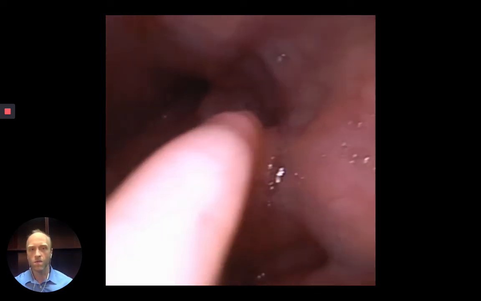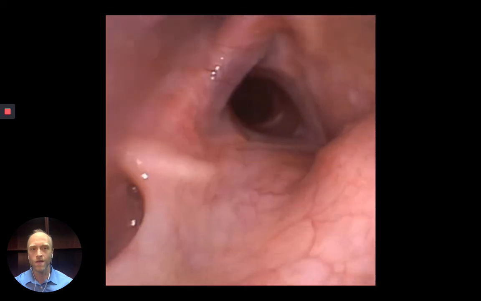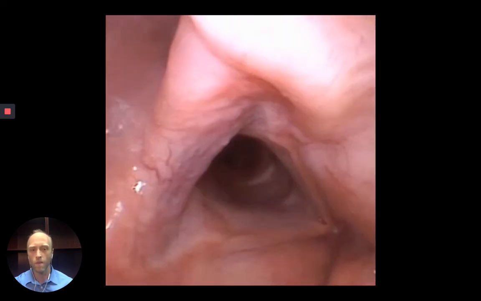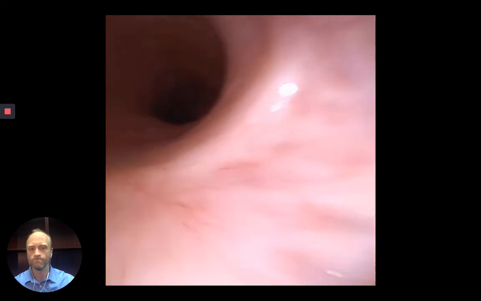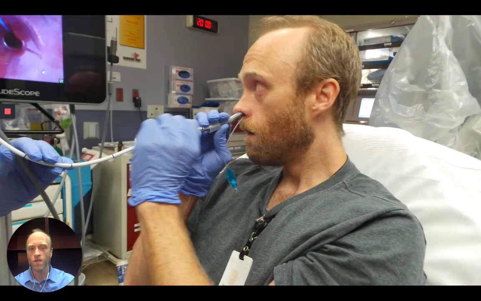So again, making small adjustments to keep the target in the middle of the screen. You can see her pass through the glottic opening and again down into the deeper trachea. At this point then, the tube just needs to be passed over your scope. So here's the video from that portion.